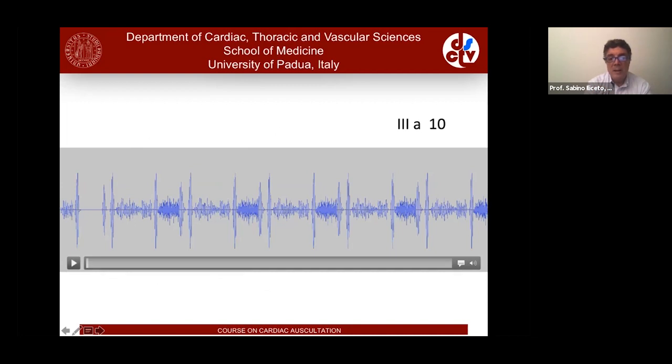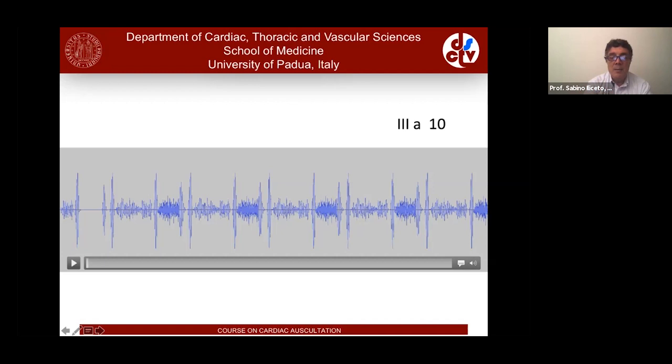You can see that the intensity on phonocardiogram is different here, here, here, and here, if compared to this area, and this area. This is the result of intensity of the sound. The higher intensity is the higher is the signal tracing.